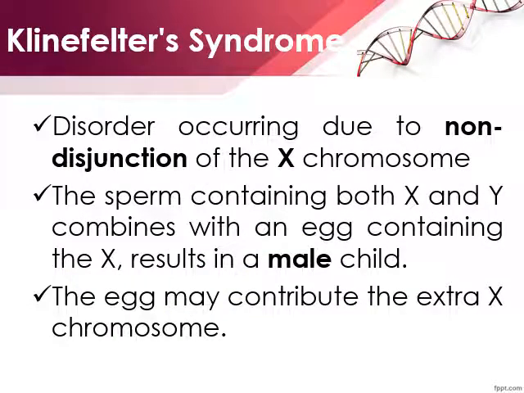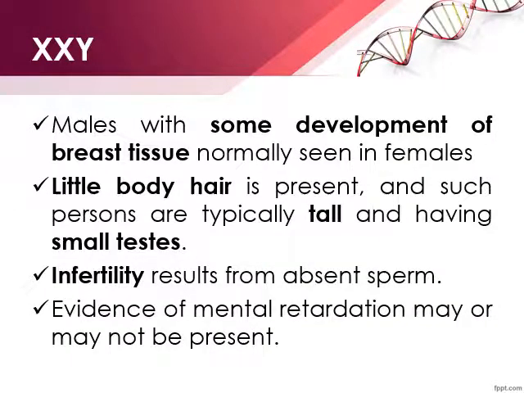Next, we have Klinefelter's. It is due to nondisjunction of the X chromosome. So the sperm containing both X and Y combines with an egg containing the X, which results in a male child. So the egg may contribute the extra X chromosome. XXY males have some development of the breast, little body hair, are typically tall and have small testes.